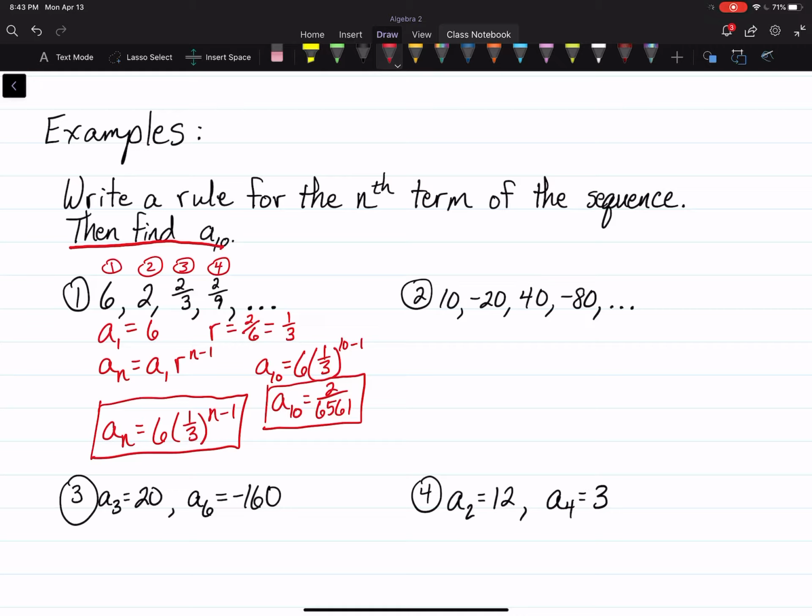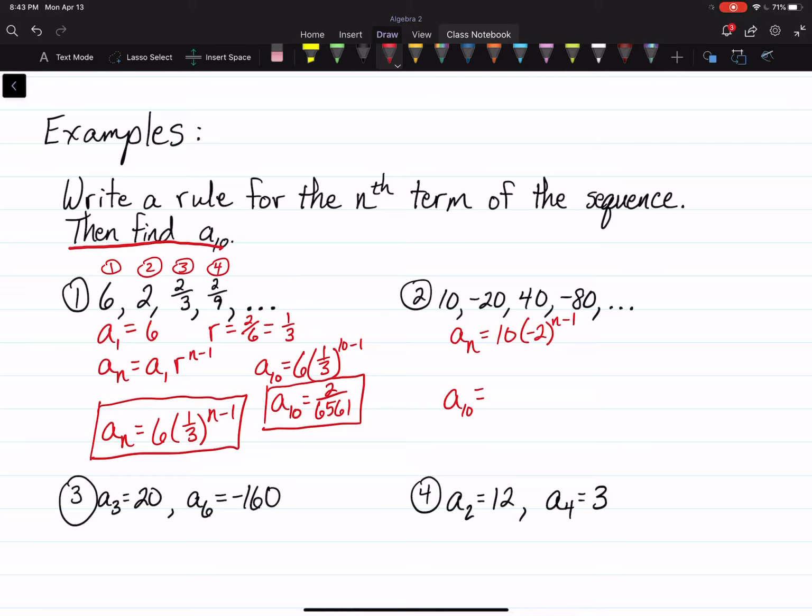If you want to try number 2 on your own, your equation should be a sub n equals 10 times negative 2 to the n minus 1 power. And when you plug in 10 for a sub 10, you get negative 5,120.